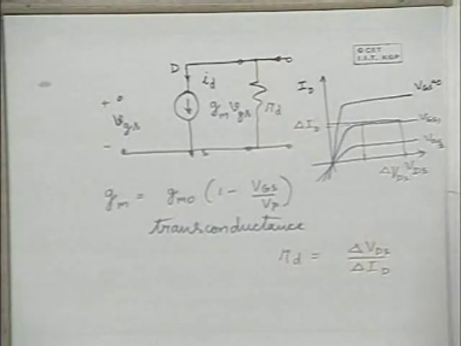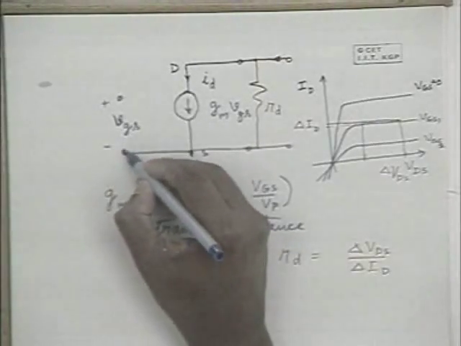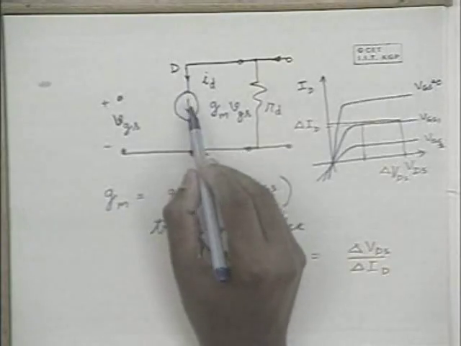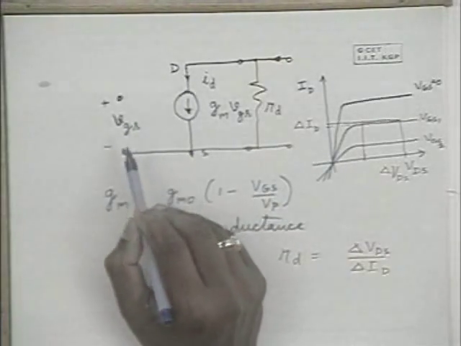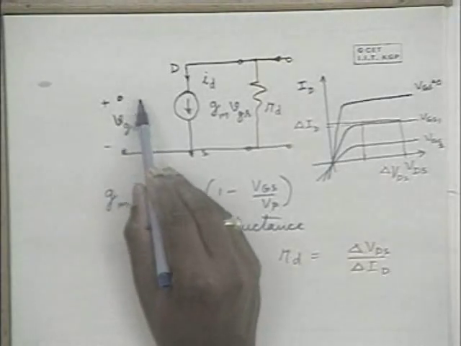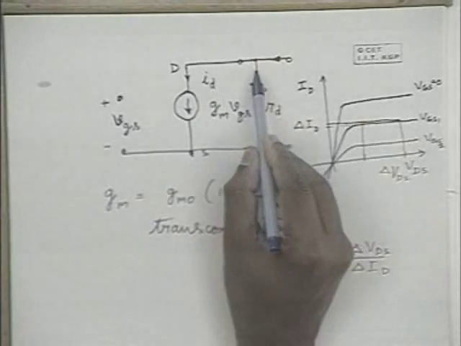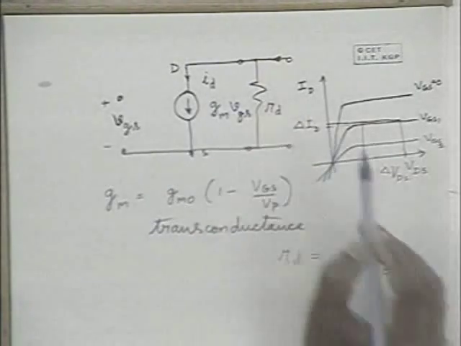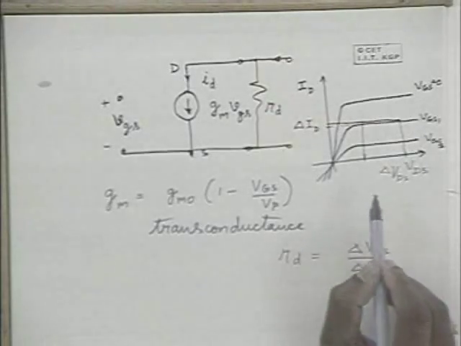Hence the complete equivalent circuit is as given here. It is an output current source whose value depends on the input voltage, and the input impedance here is infinity, and there is an output resistance RD which can be obtained from the characteristics like this.